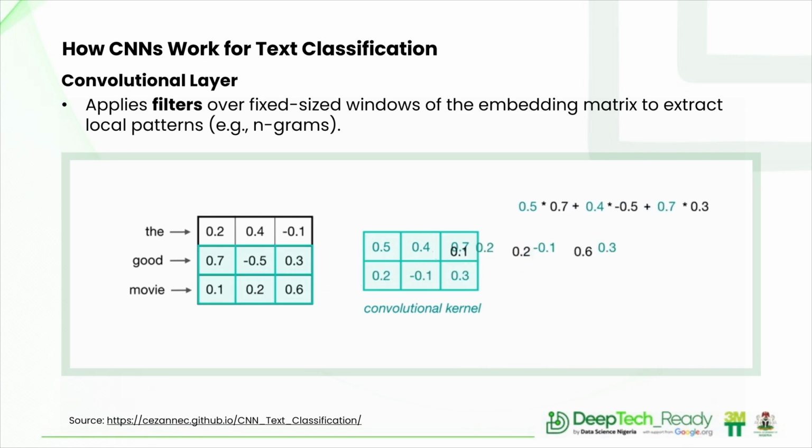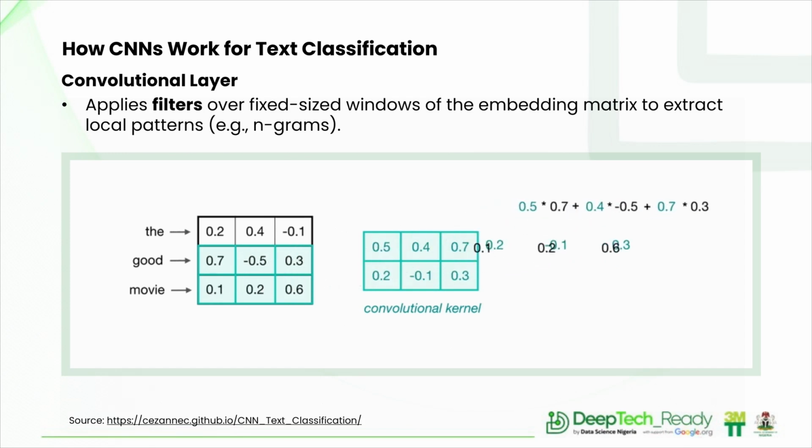We can use a 2x3 convolutional kernel. We are using 2x3 because every word has 3 columns, and we are taking 2-grams. Since every row represents 1 word, if we are taking 2-grams, we are going to take 2x3. If we are taking 3-grams, it will be 3x3, etc.